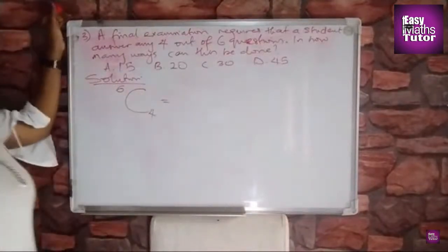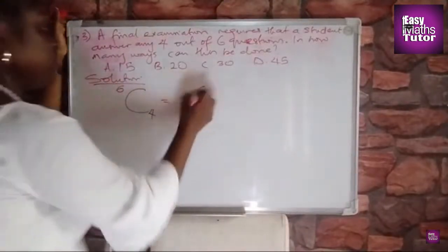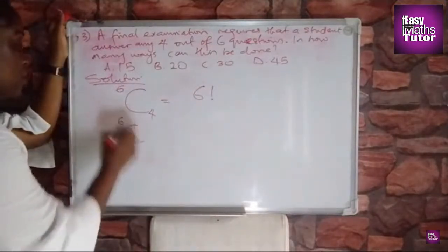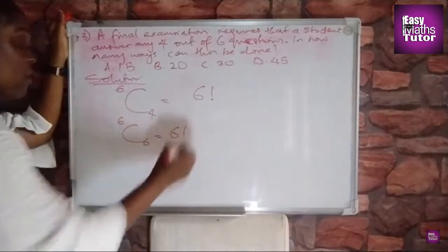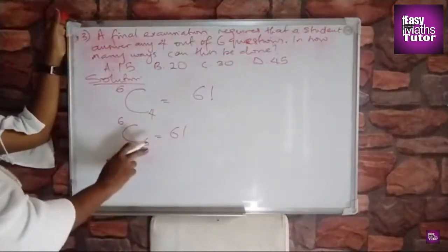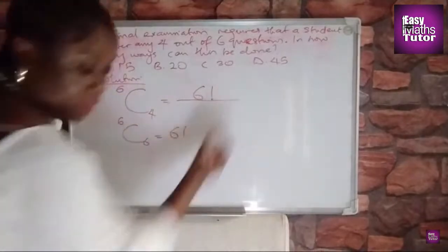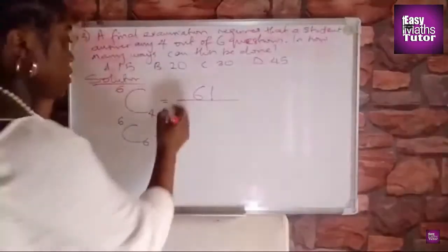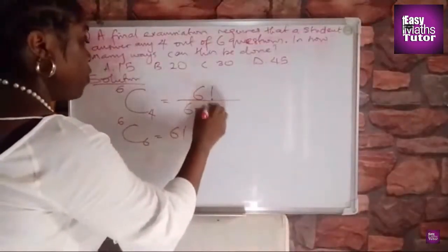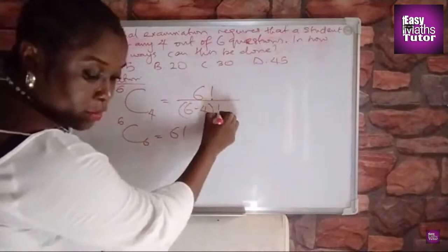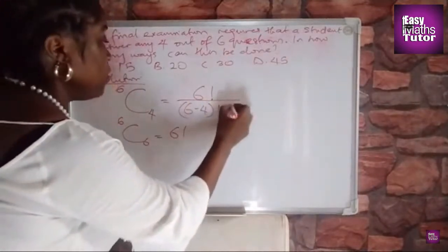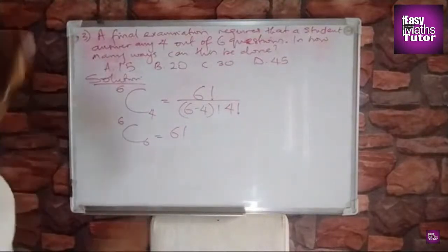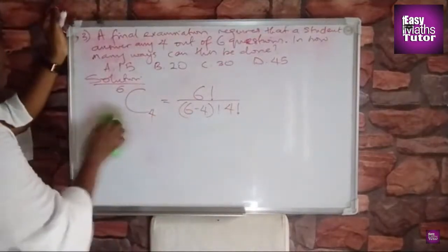When you have it like this, it means you're going to have 6 factorial over 6 minus 4 factorial multiplied by 4 factorial. That's how it's going to look.